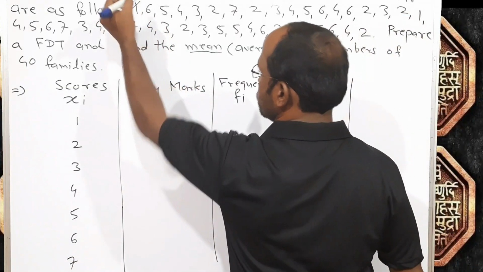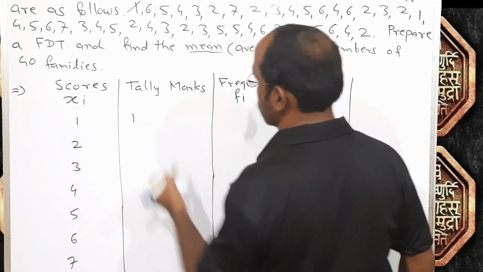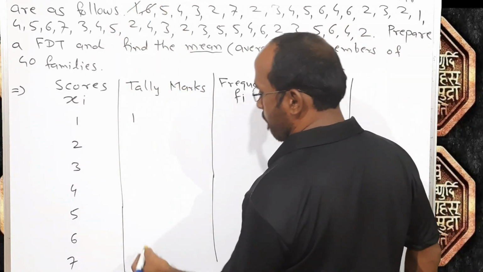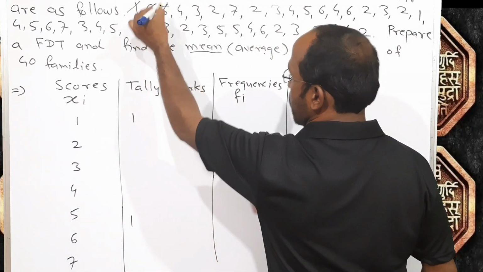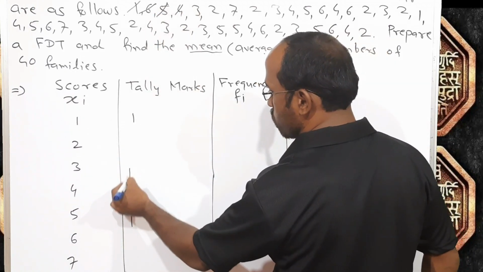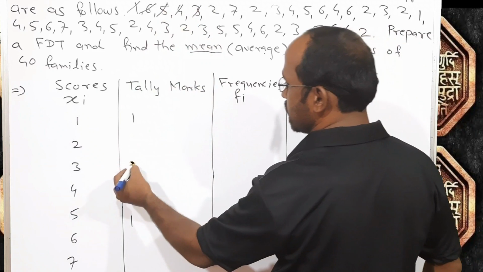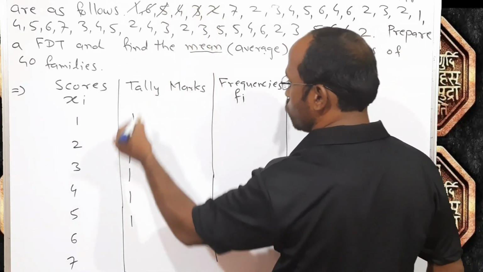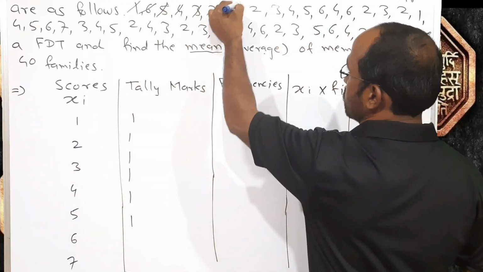First is 1, tally mark against 1. 6, 5, 4, 3, 2, 7.